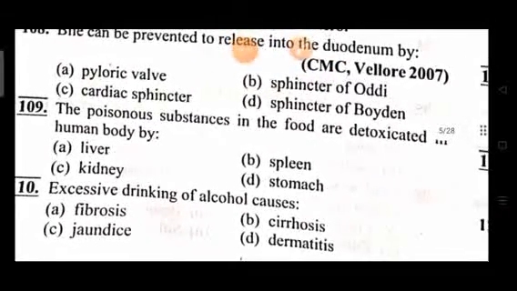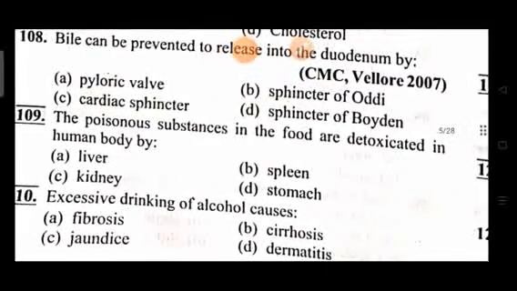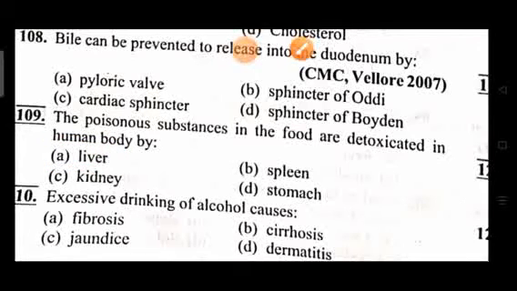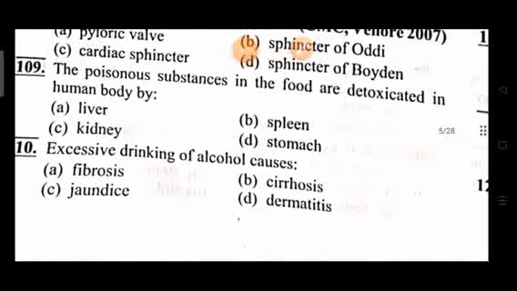The poisonous substances in the food are detoxified in the human body by the liver. Excessive drinking of alcohol causes fibrosis, fiber-like structures, jaundice.